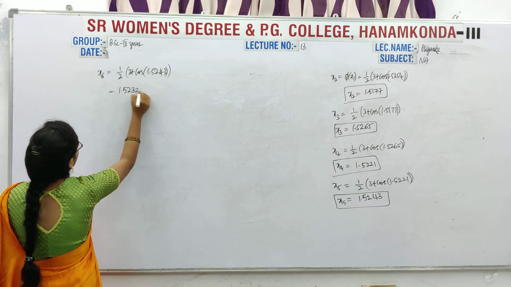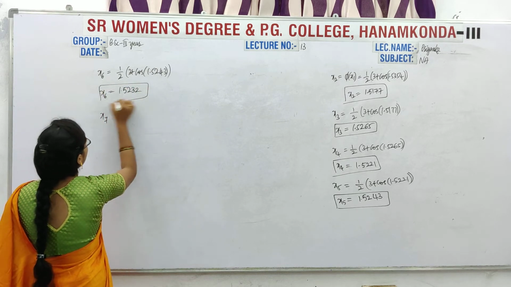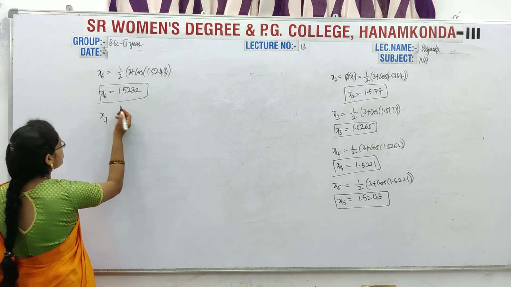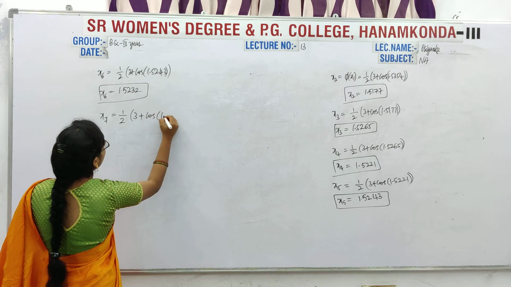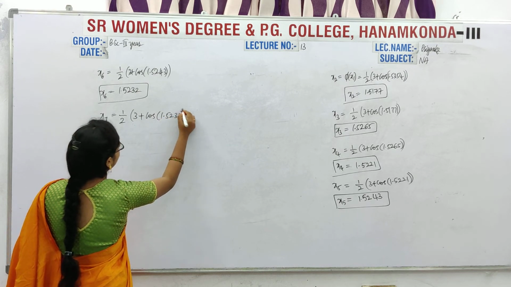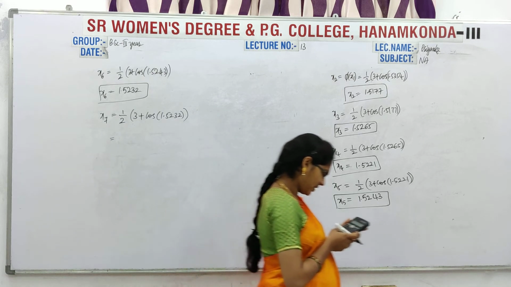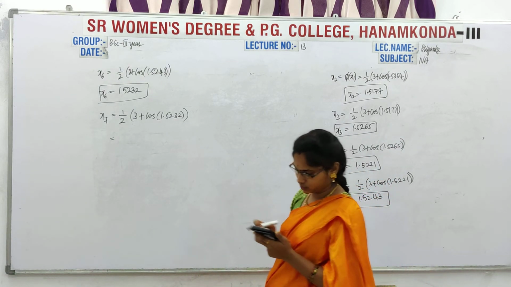So I am making that 1.5232. This is x6. So here x5 is 1.5243 and here we have 1.5232. So I am going for the next iteration: 1 by 2 of 3 plus cos 1.5232. Now cos of 1.5232 plus 3 divided by 2.